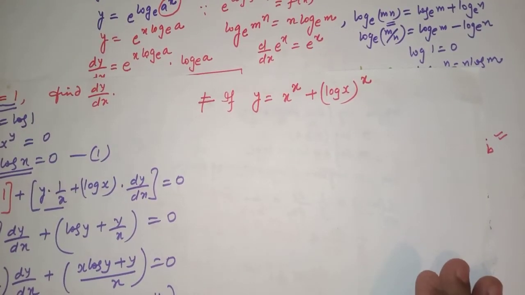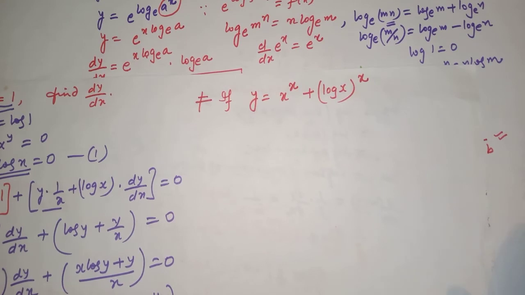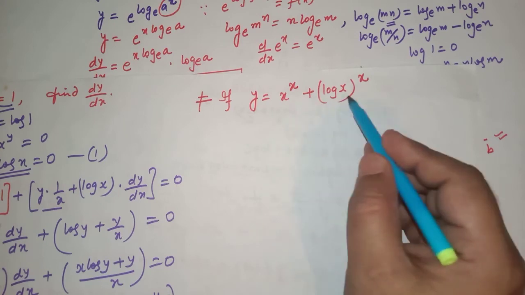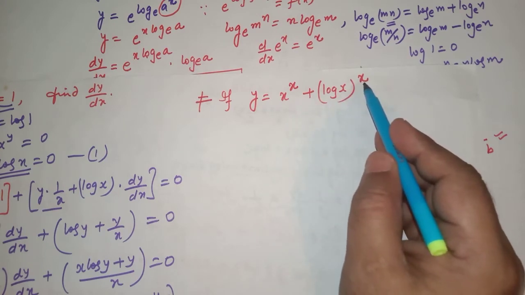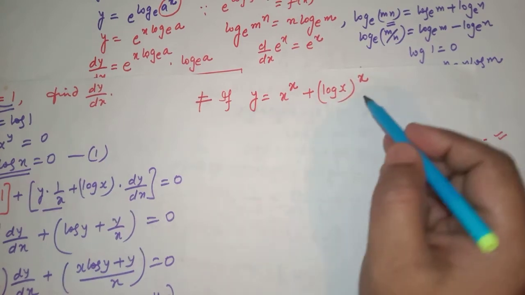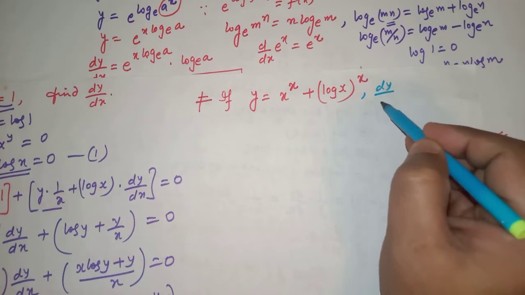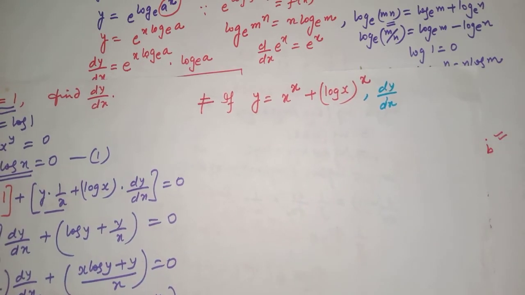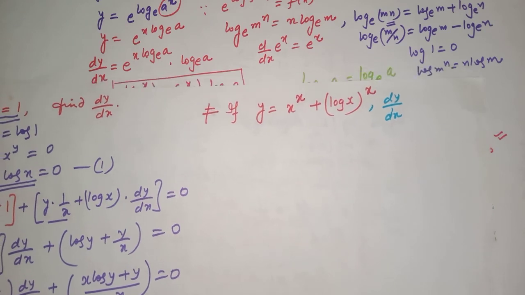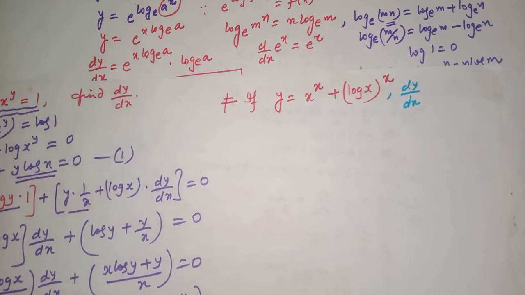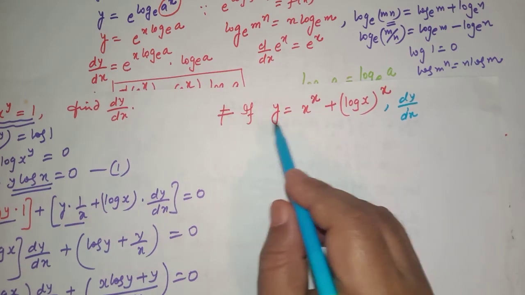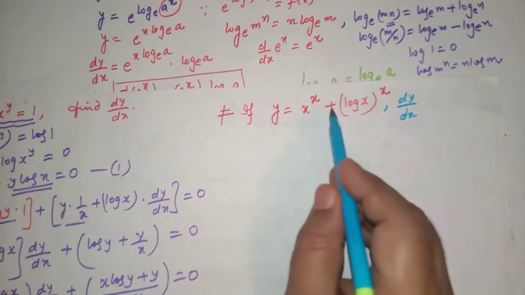Viewers, now let us take one more very important question, and the question is y equal to x raised to x plus log x raised to x. Now we have to find dy over dx. Here we will have to be very careful because we will not take the log on both sides directly, clear.